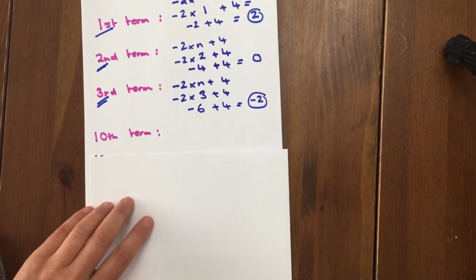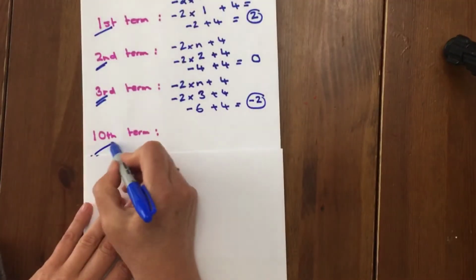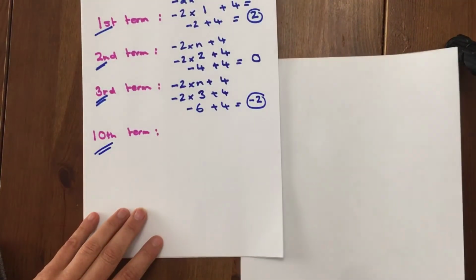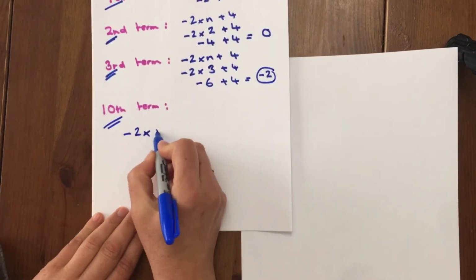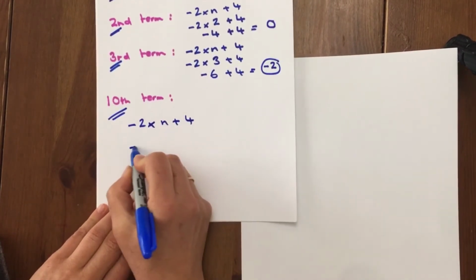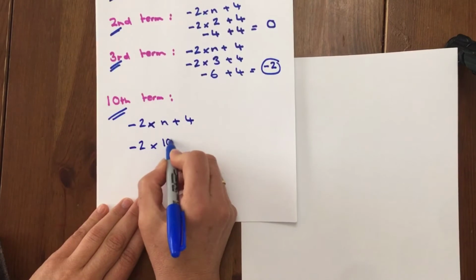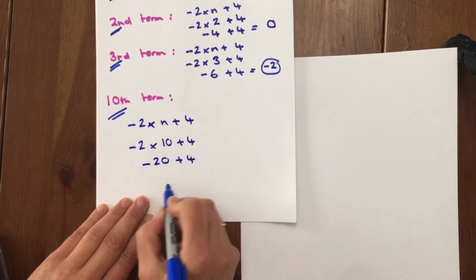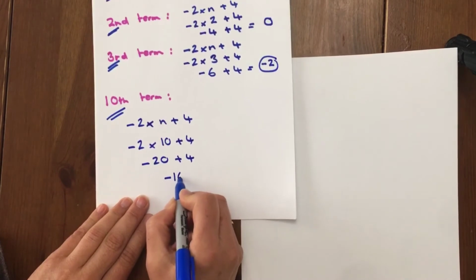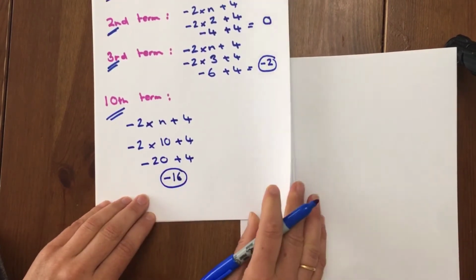And last but not least, my 10th term. Okay, so I've got my rule like this. So n is now 10. So I've got negative 20 add 4, which would be negative 16.